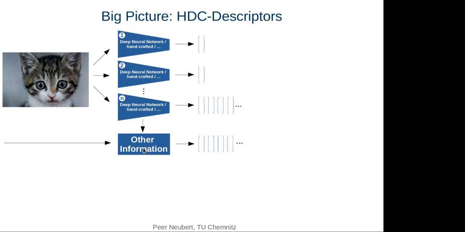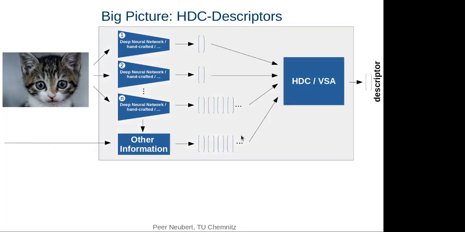And maybe we are able to represent this in form of vectors as well. And then the whole idea of this talk is, if we have all those vectors from those networks and handcrafted tools and other information, we then use HTC and VSAs to compute a better descriptor. So that's the big picture.